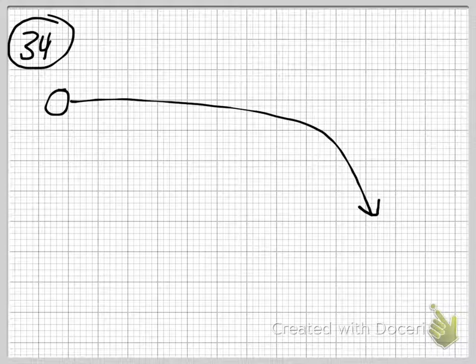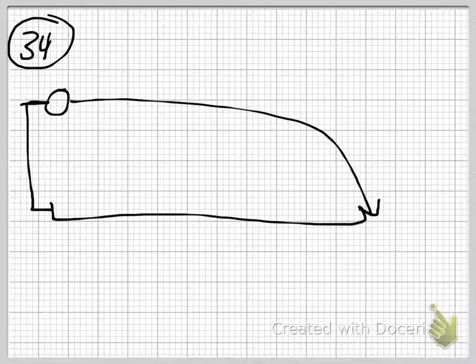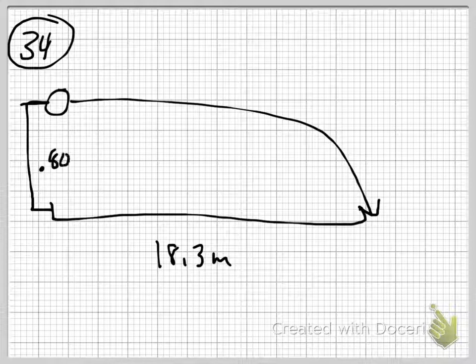Okay, 34 is kicked, flicked, and pushed. So we have a ball thrown horizontally. And we're told that if this ball were thrown purely horizontally, at a displacement of 18.3 meters, it would have fallen 0.809 meters.